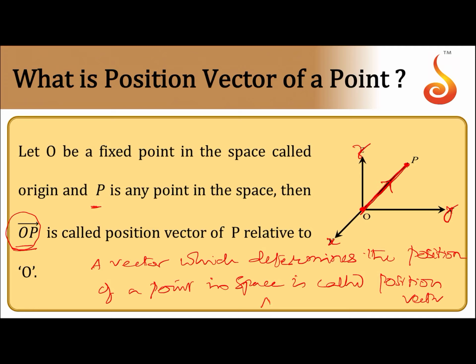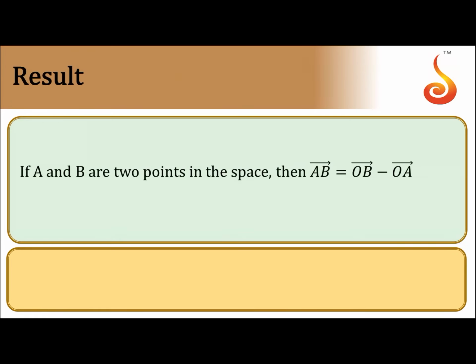Suppose I consider AB bar, it is actually the position vector of the point B with reference to A, where A is a fixed point. I say that A is a fixed point, then AB bar is called the position vector of B with reference to point A.